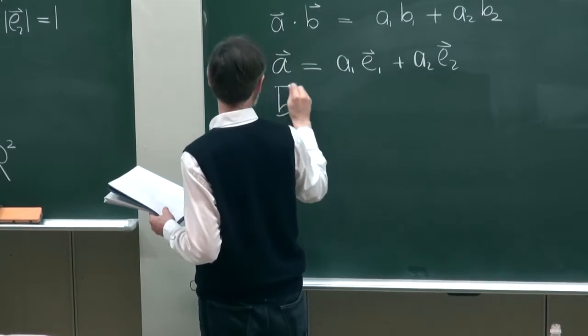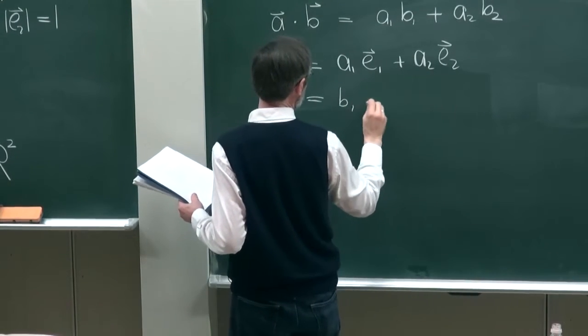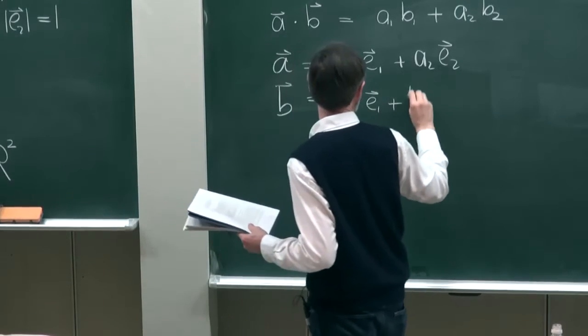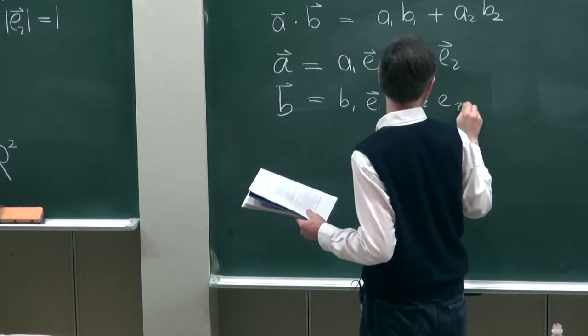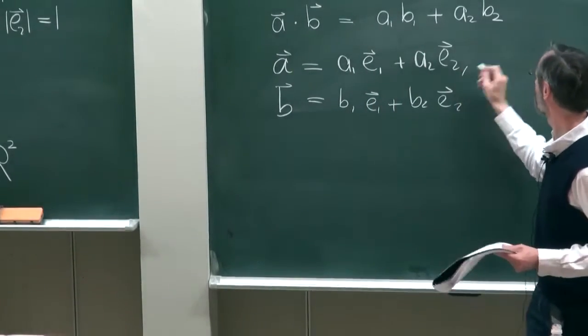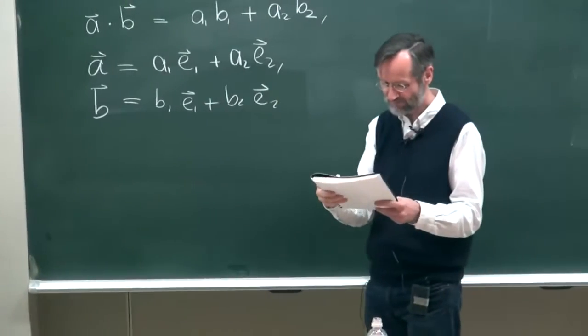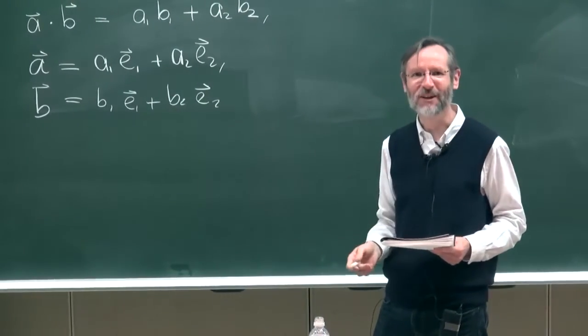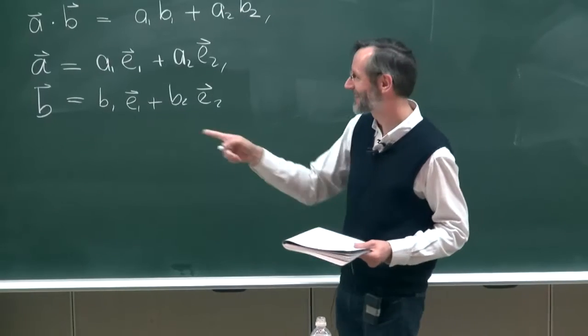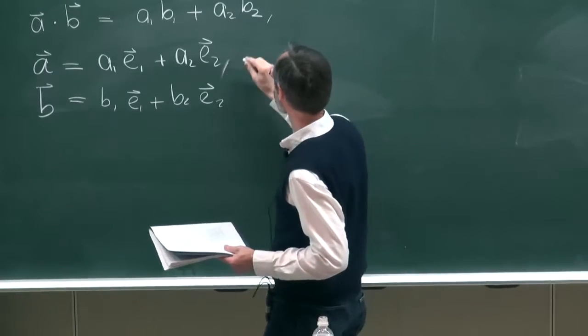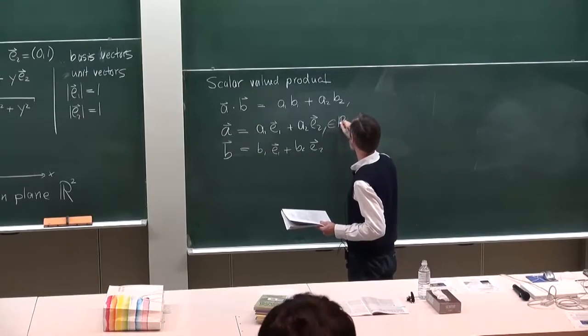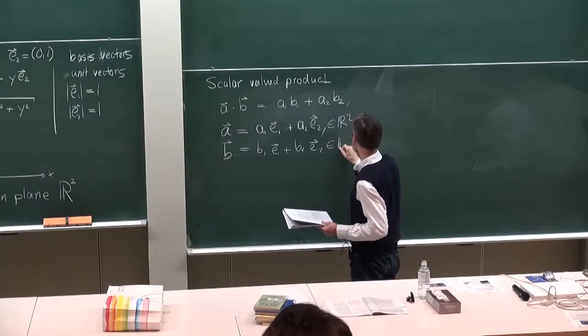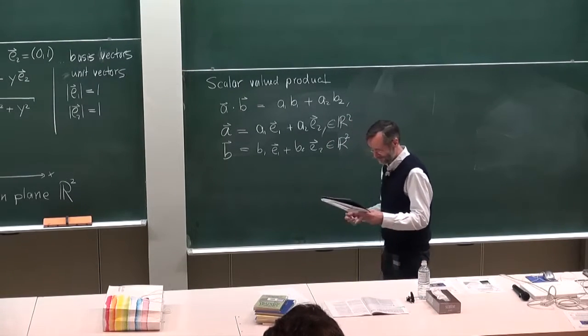And B, similarly, is B1, E1 plus B2, E2. And both of them are members of this Euclidean plane here. So this is in R2, and this also here in R2.